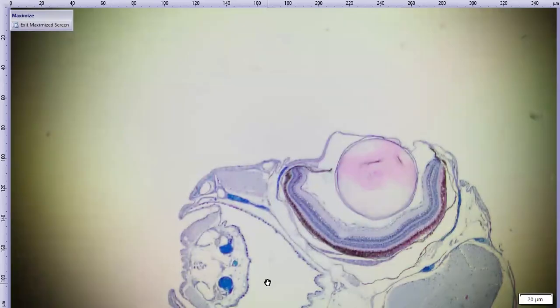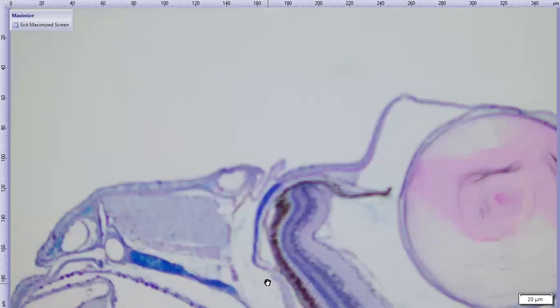Vision, of course, was entirely underwater for the first 200 million years of vertebrate evolution. So there was no reason to have anything other than this. And the exquisitely round and dense lens is an adaptation for vision underwater. We're going to come back to that when we talk about whales and dolphins and seals and what have you.